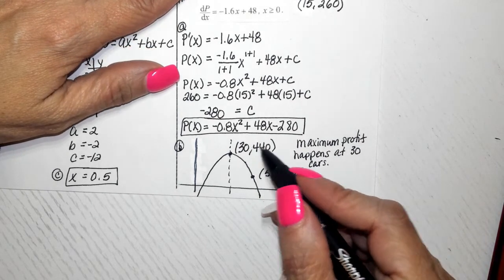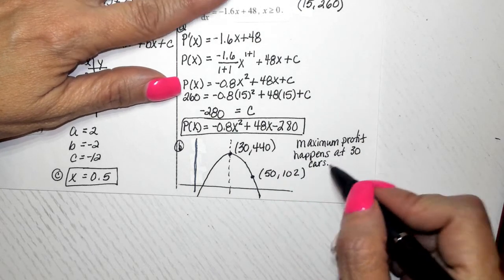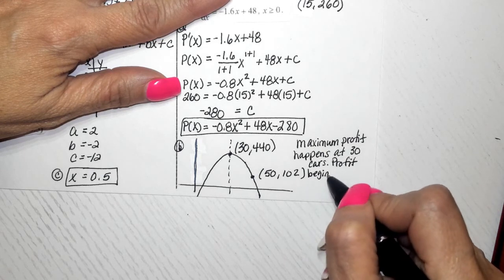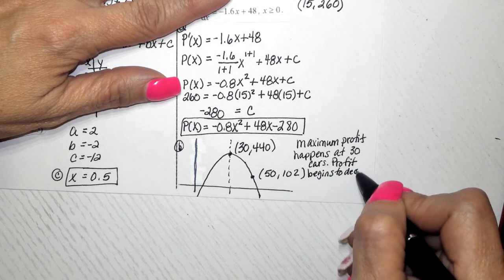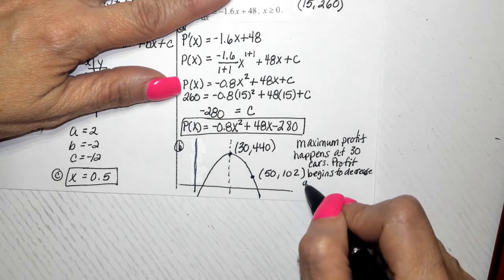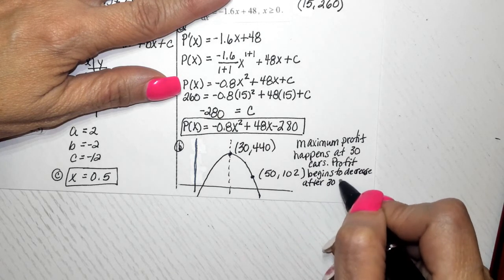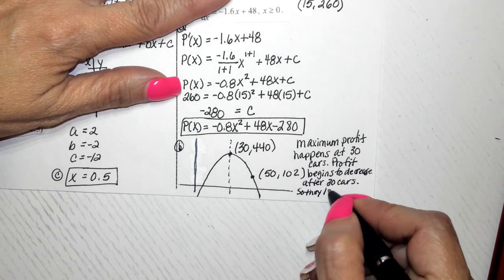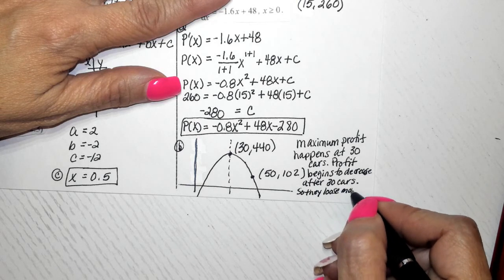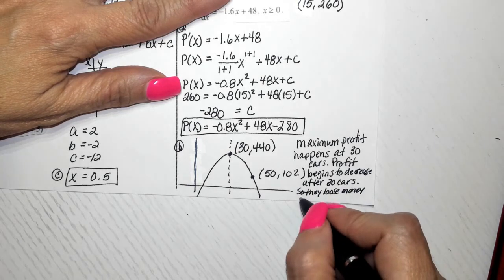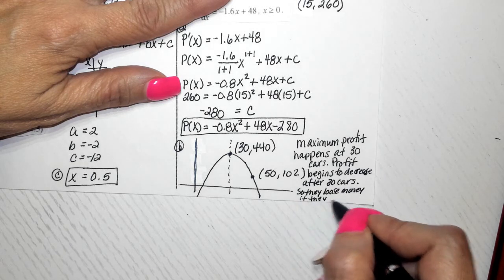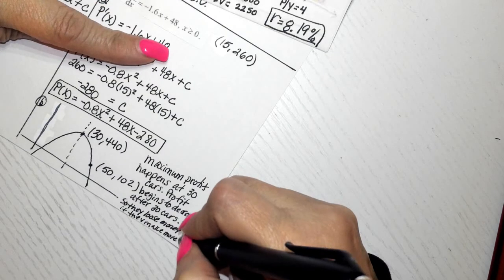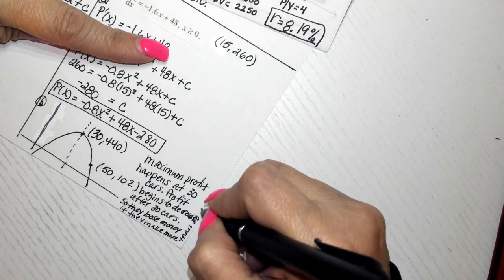Profit begins to decrease after 30 cars. So they lose money if they make more than 30 cars.